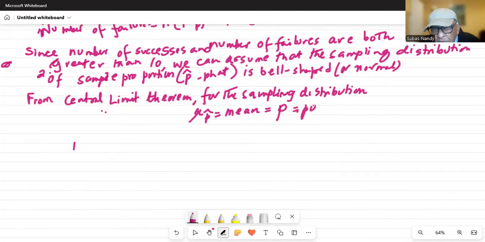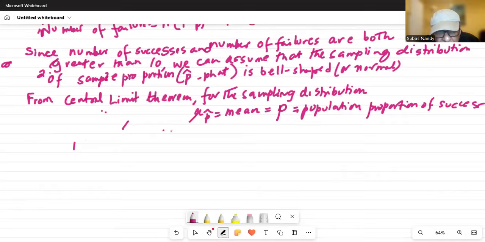Remember, this is the population proportion of success. Which proportion of success? It has already been given to us that P is equal to 0.51, so mu p hat is equal to P, equal to 0.51.